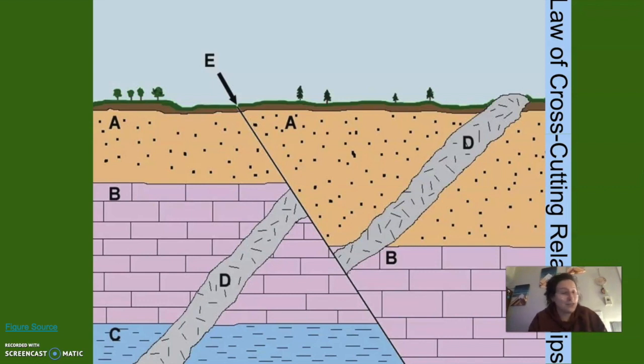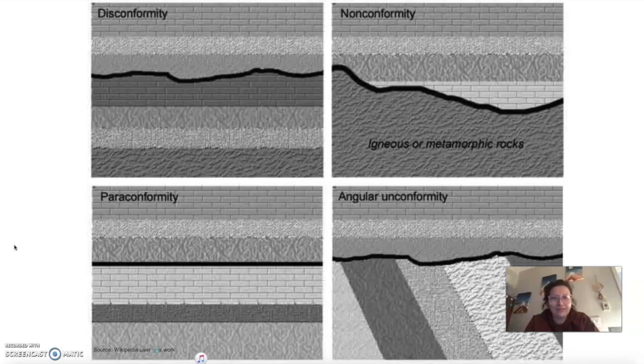And even this is a very simplified version. Mother Nature didn't make very many of those simple, horizontal bedding with no folding relationships. That's not most of the world, right? We have to be able to think critically and problem solve and solve puzzles.